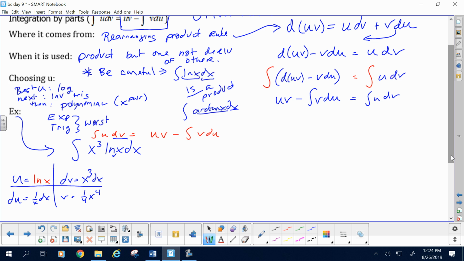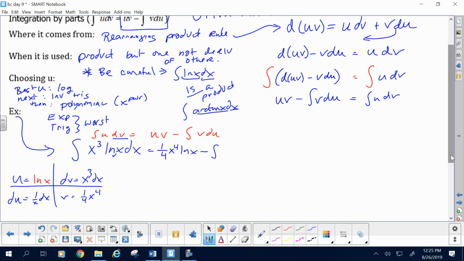All right. Now, we're hoping to take a step forward with our ultraviolet voodoo. What's uv? One fourth x to the 4th natural log of x, and obviously the order doesn't matter if you wrote the log first, that's fine.